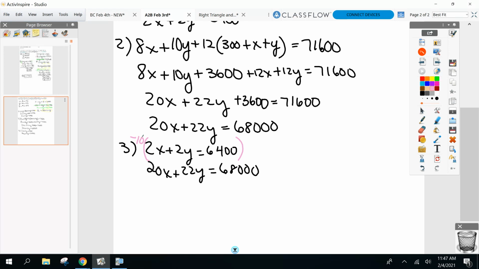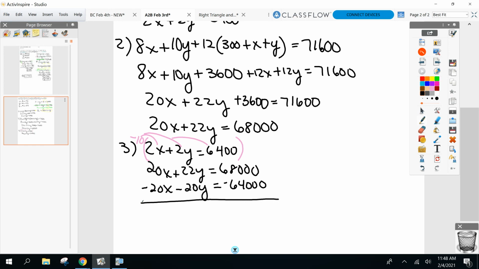All right, multiply it by negative 10. Here you go, guys. Distribute. Negative 20x minus 20y equals negative 64,000. Go ahead, go to your calculator now.